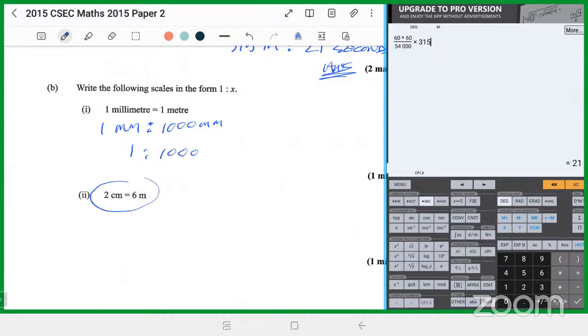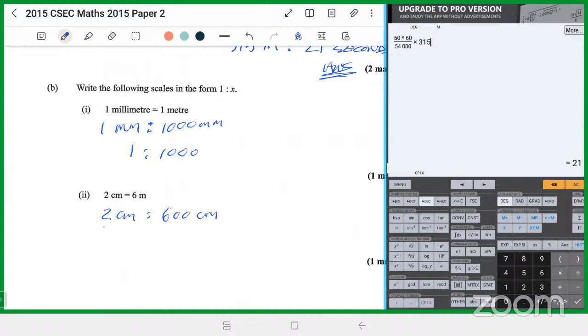Then up here, 2 centimeters to 6 meters. I'm going to convert this side to centimeters first. 100 centimeters make a meter. So it becomes 2 centimeters to 600 centimeters, because 1 meter is 100 centimeters.